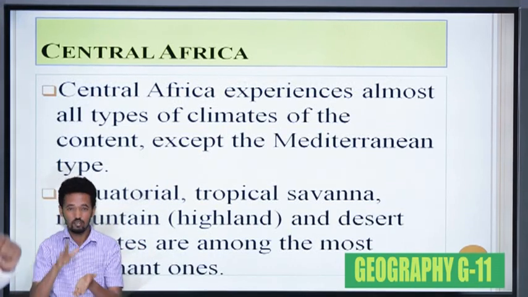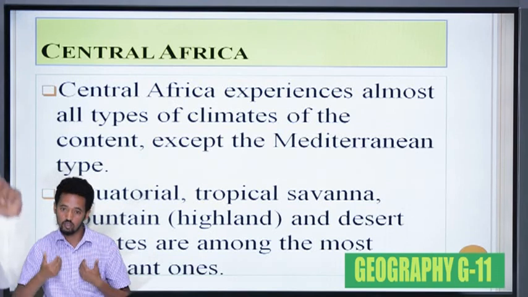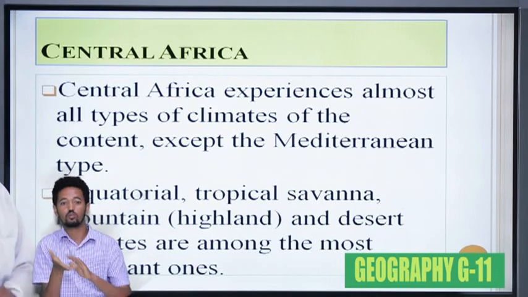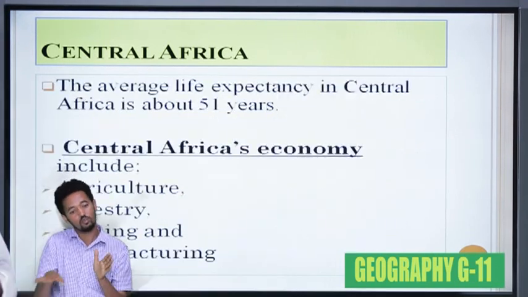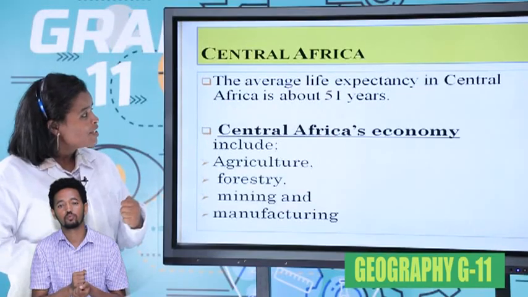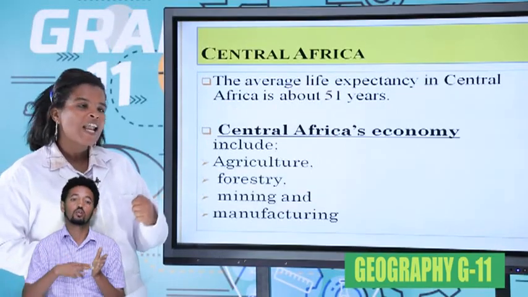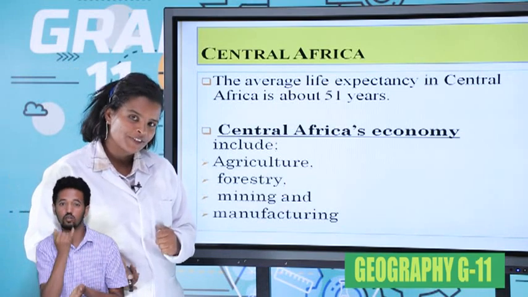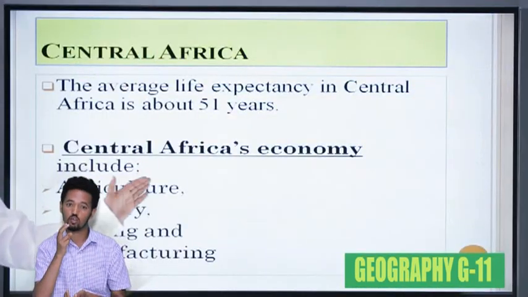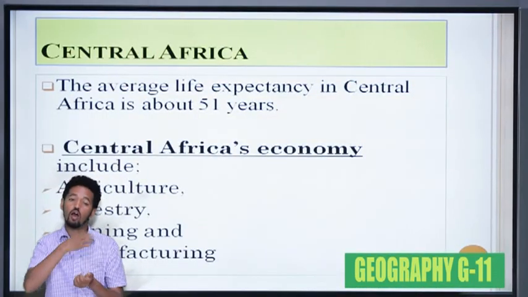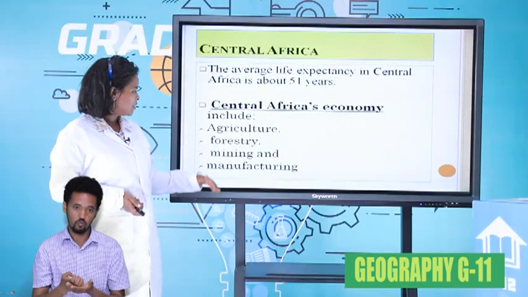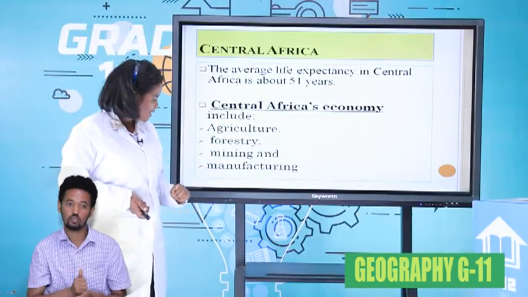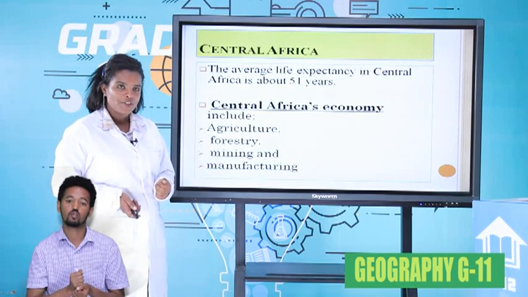Central Africa experiences almost all types of climate except the Mediterranean climate. The average life expectancy of Central Africa is 51 years. When we see Central Africa's economy, it includes agriculture, forestry, mining, and manufacturing.